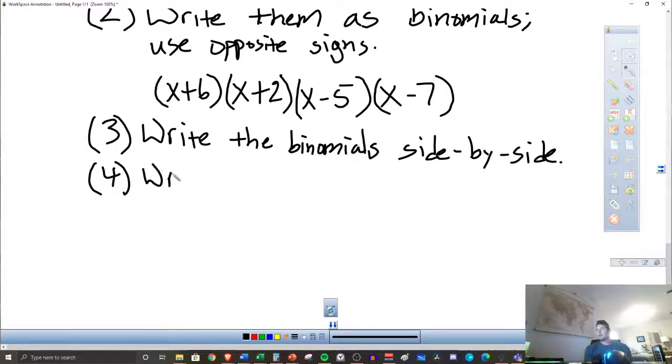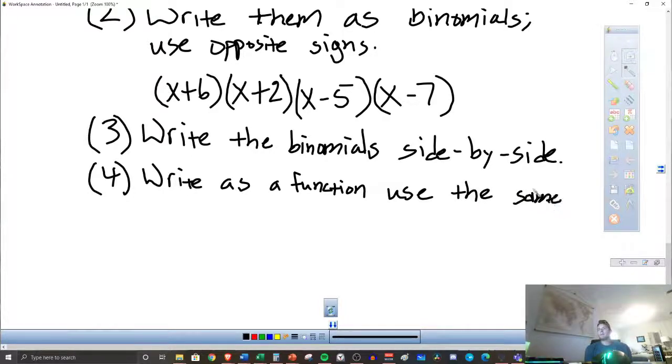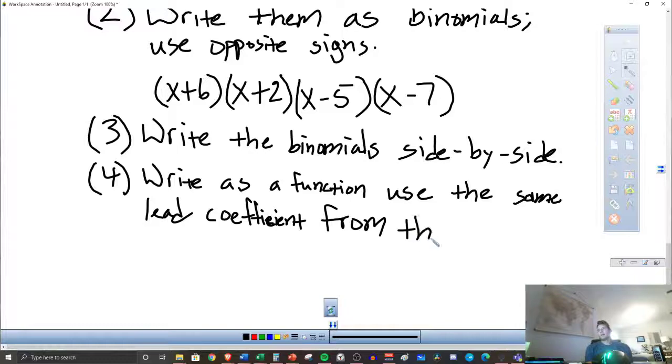We're going to say write as a function. Use the same lead coefficient from the polynomial in standard form.